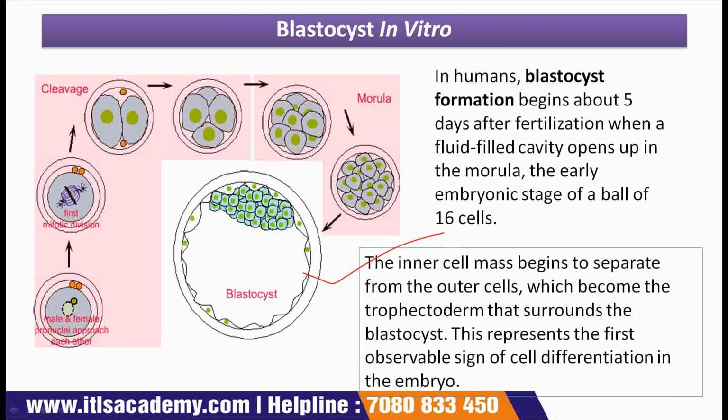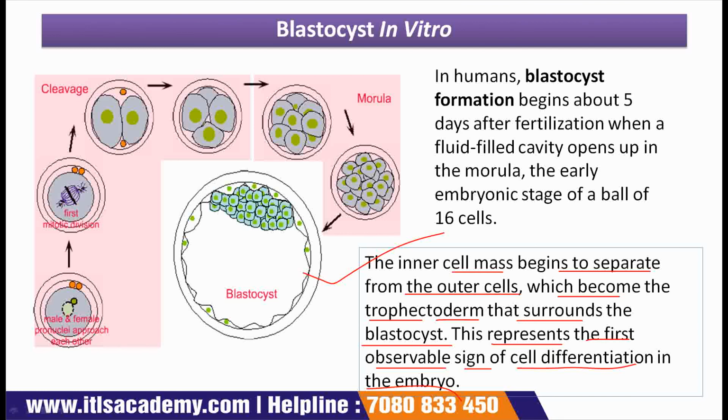The inner cell mass begins to separate from the outer cells, which become the trophectoderm that surrounds the blastocyst. This represents the first observable sign of cell differentiation in the embryo.